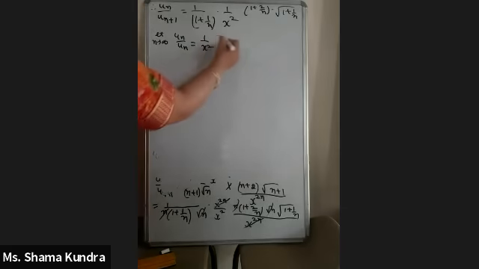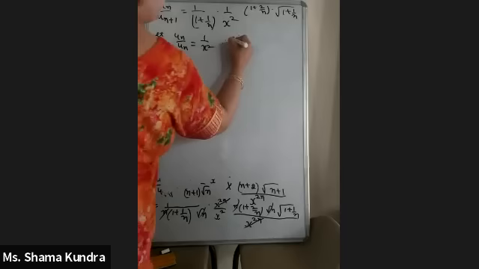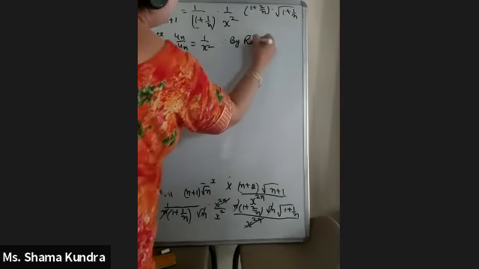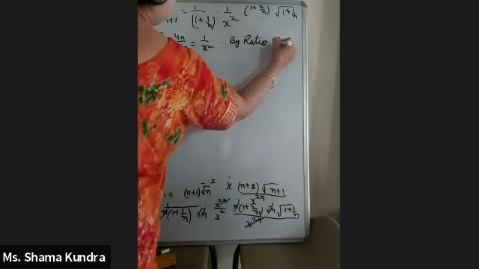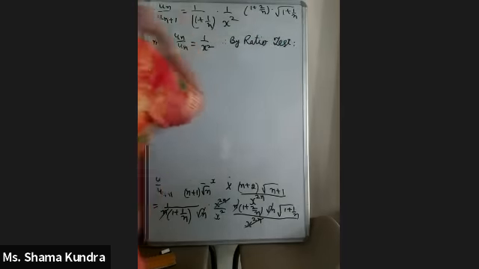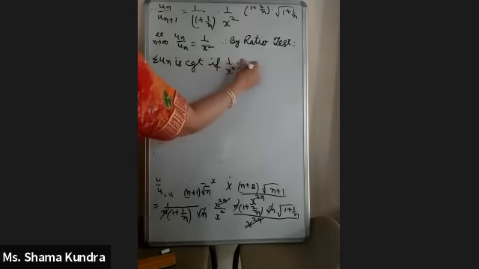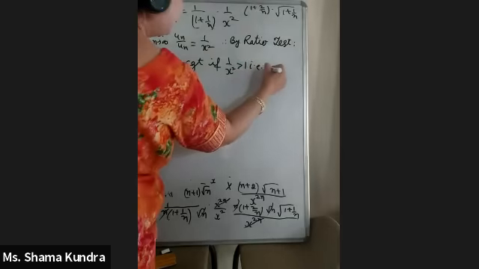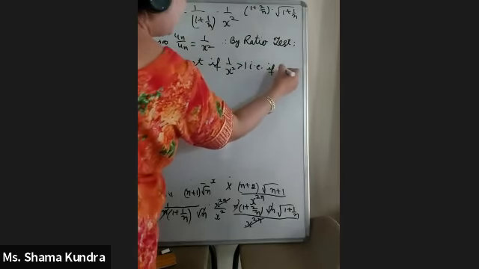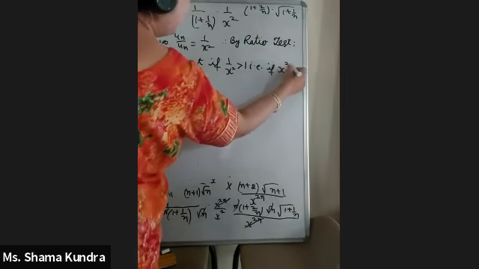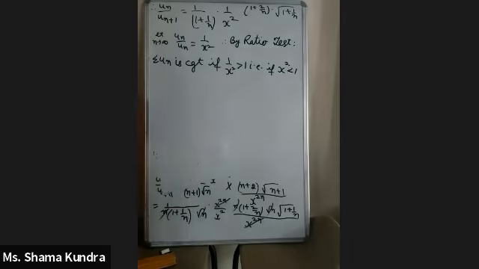Therefore, by the ratio test, the series Un is convergent if 1 over x square is greater than 1, that is, if x square is less than 1.